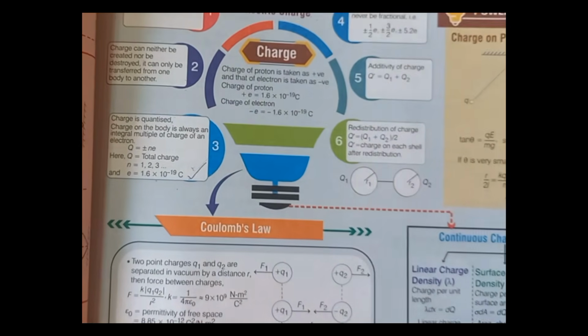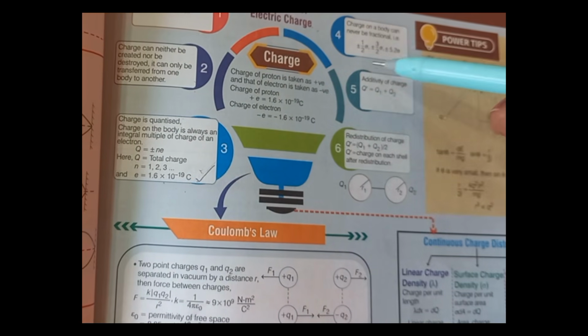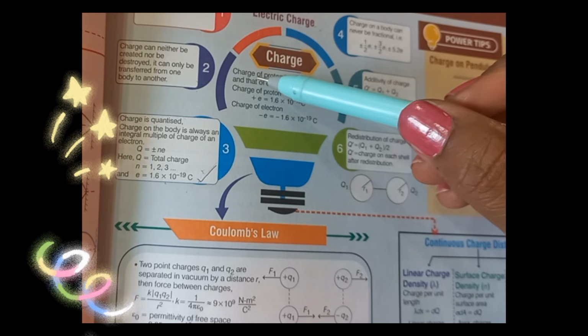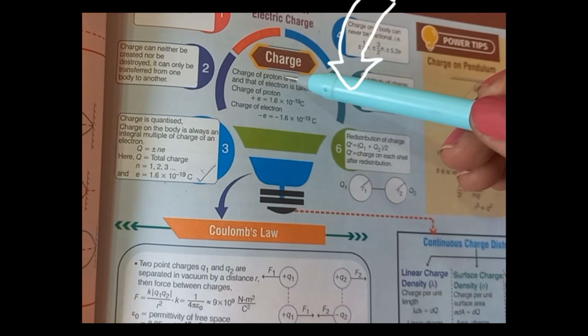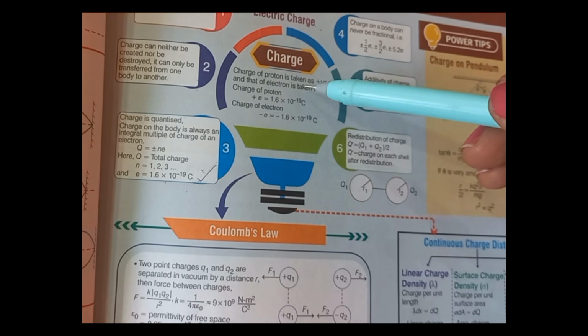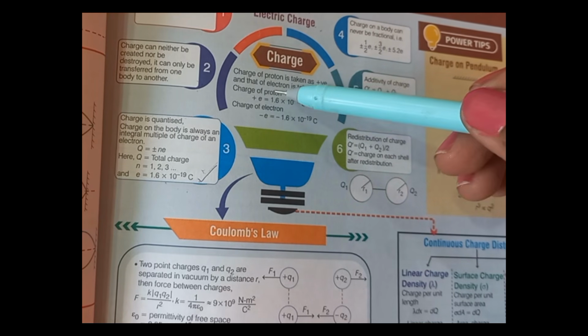Now here you can see one point in the center. The charge of a proton is taken as positive and that of the electron is taken as negative.